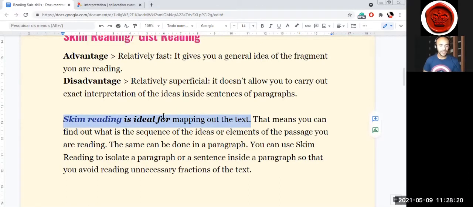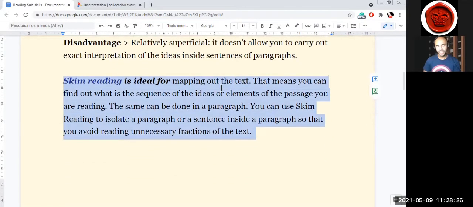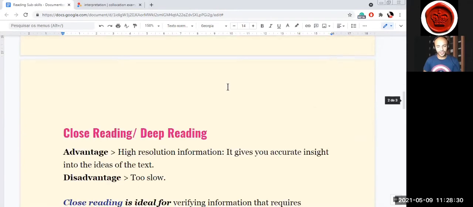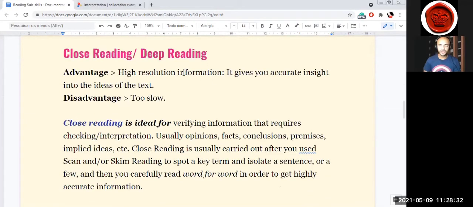Exactly. You constantly hear that you cannot afford reading the entire text in IELTS or TOEFL tests. So skim reading is usually the central skill that will save you lots of reading, lots of time, lots of energy, and help you conclude your text on time, or before your time expires.